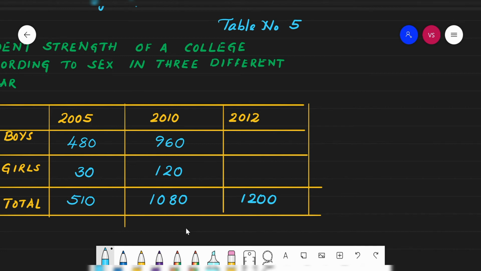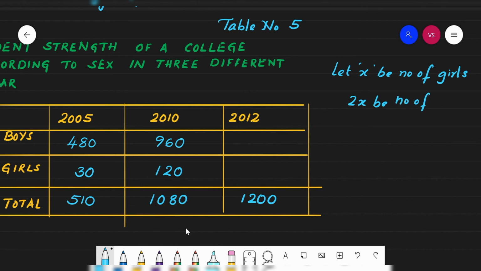So here, for the calculation, let x be the number of girls. Then they said boys is double the number of girls, which means 2x is the number of boys.